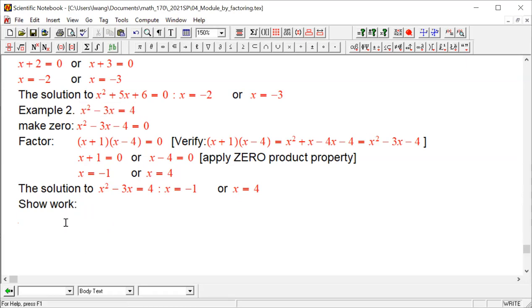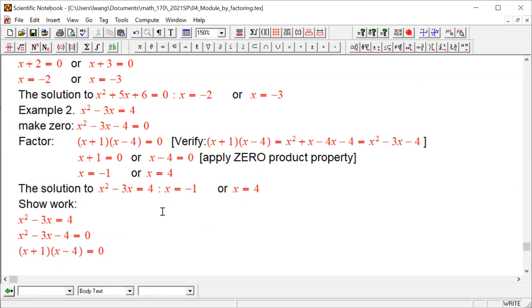The narrative would be: if this is true, then this is true. You're making 0, but you don't have to write down the phrase making 0. You just follow the steps. If this is true, then the factored form will be true. You don't need to verify.